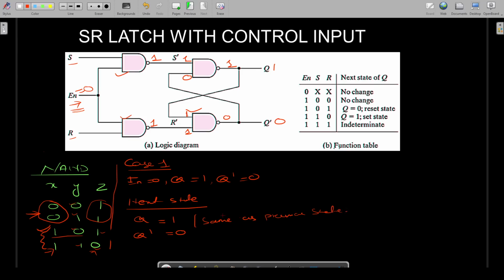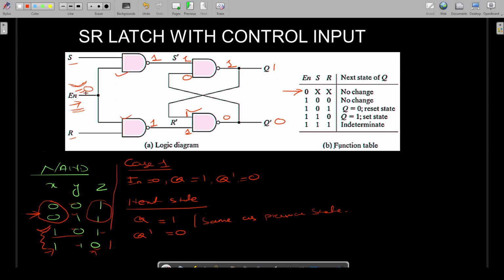So now what to observe here? If the enable pin is 0, then the current state and the next state remain the same, there is no change. So in the first line of the table it is written, if the enable pin is 0, then whatever the input of S and R, that doesn't matter, there will be no change in the output. So how is it happening?